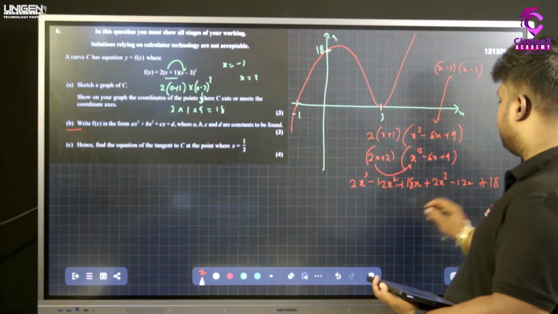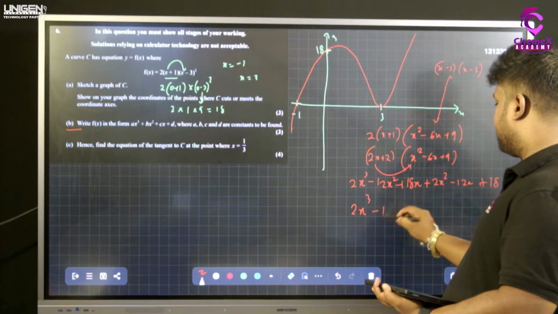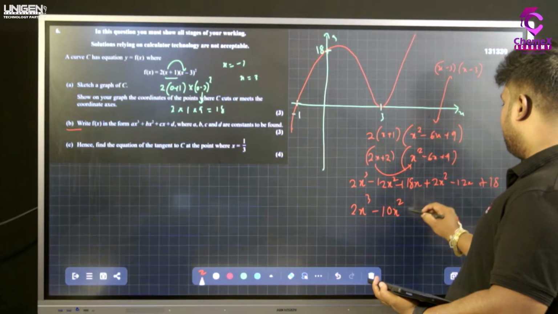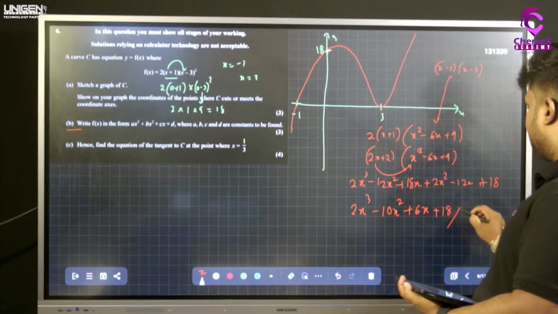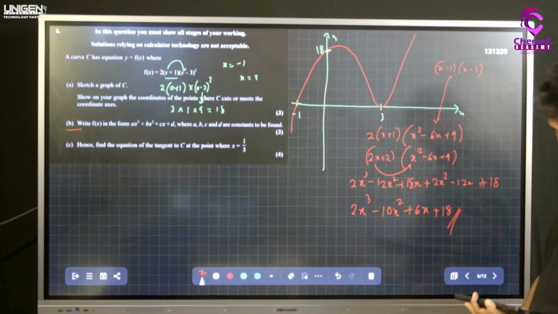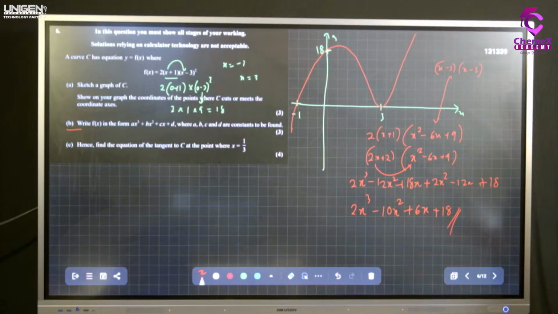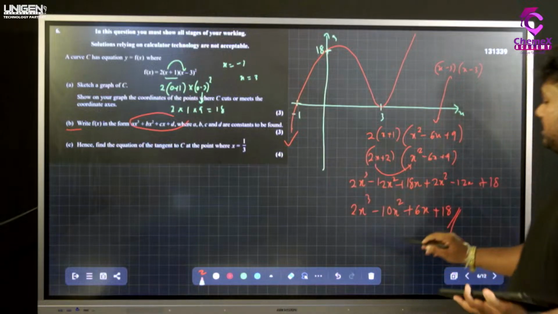Then 2x cubed minus 10x squared plus 6x plus 18. Any questions? That's going to be the format they ask in the B part. You get 3 marks after expanding.